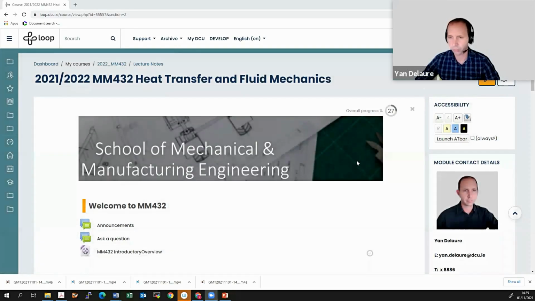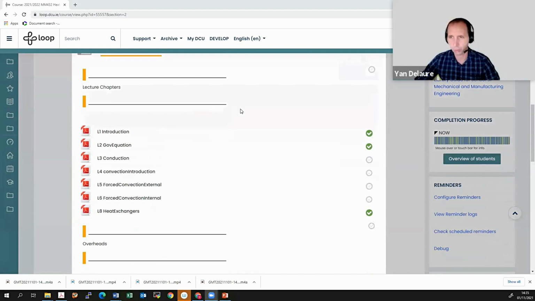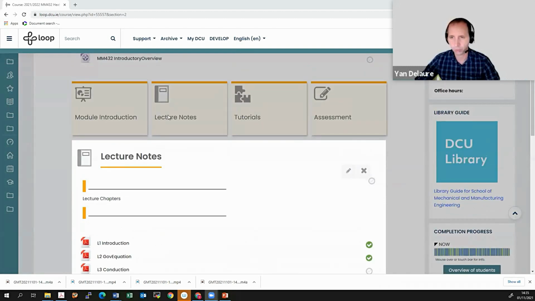Okay. So what I will do is I'll start sharing my screen. I'll show you where to get the key documents in order to support this lecture. So let's share. I'll refer you to the MM432 loop site and ask you to go to the lecture notes tile.